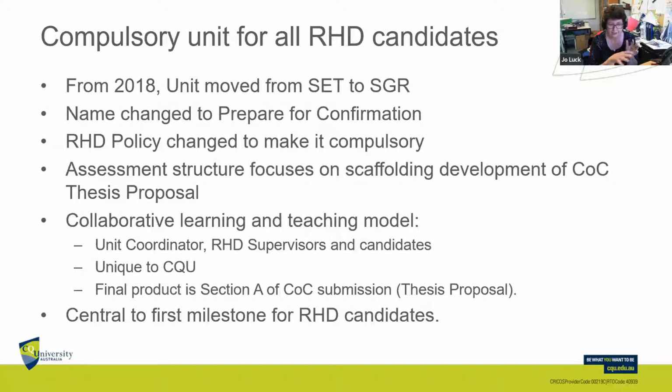And all through these different stages, this collaborative learning and teaching model has evolved to the stage that there's very clearly now a triangle of support. So there's the unit coordinator, there's the research higher degree supervisors, and the candidates.